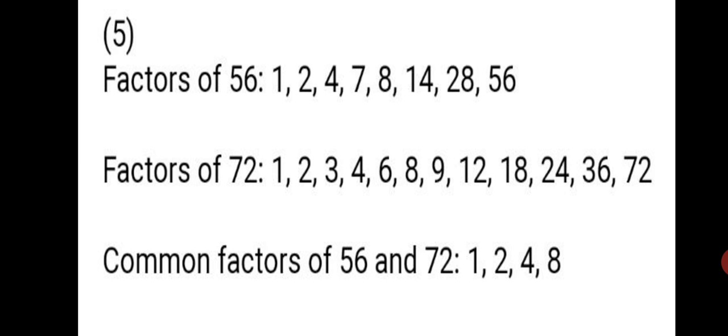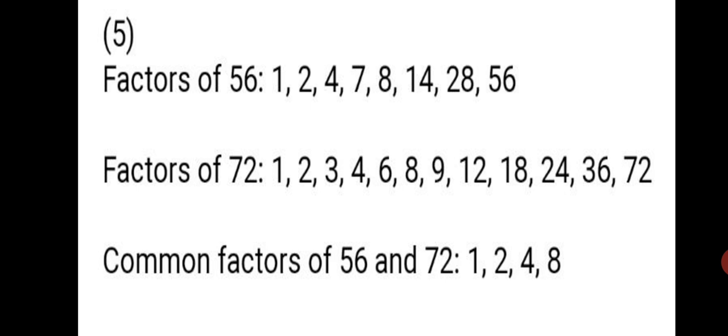Once you get your multiplications which give you 56, arrange them properly. Factors of 56 are 1, 2, 4, 7, 8, 14, 28, 56. And check the multiplications. First with last, second with second last. It should give 56. If it doesn't, that means you have missed out and you have to check again.